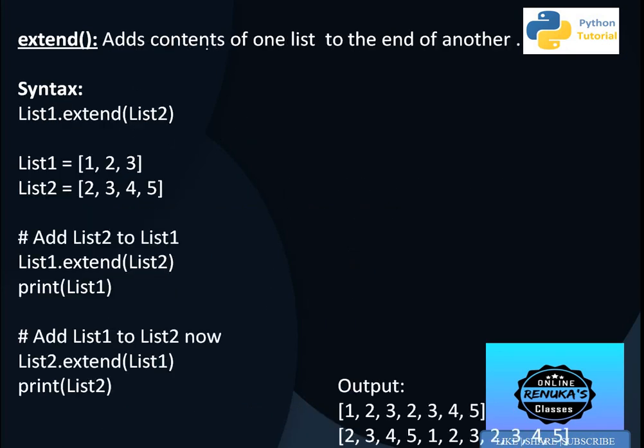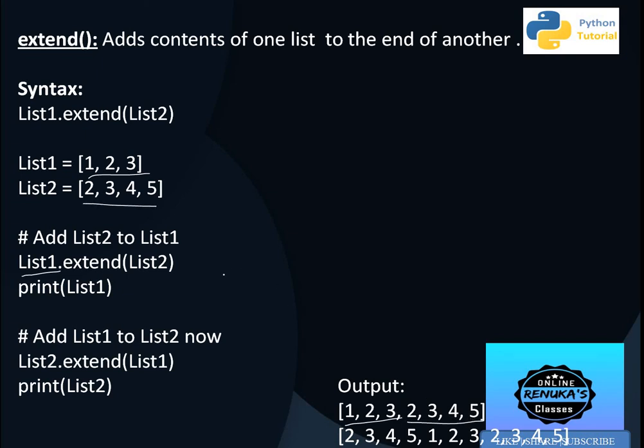Then comes extend. Extend means adding the content of one list to the end of another. So one list's contents can be added to another one. If we say list 1 dot extend list 2, first the contents of list 1 come, that is 1 2 3 like here, and after that list 2 contents will be added.